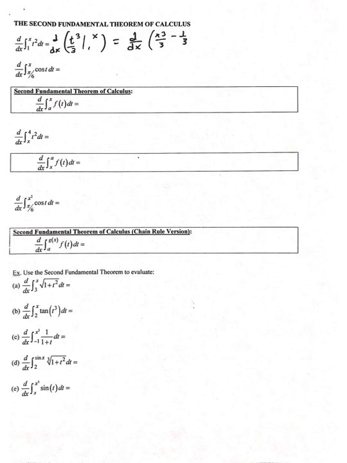minus 1/3. Well, the derivative of x cubed over 3 is 3x squared over 3. The derivative of negative 1/3 is 0, so we get x squared. Okay? So it makes sense that your derivative is just going to be x squared.